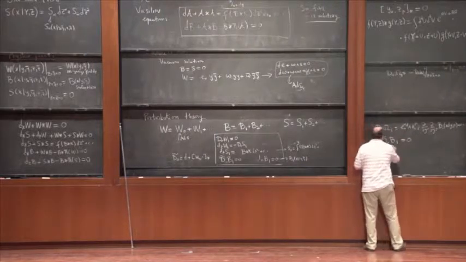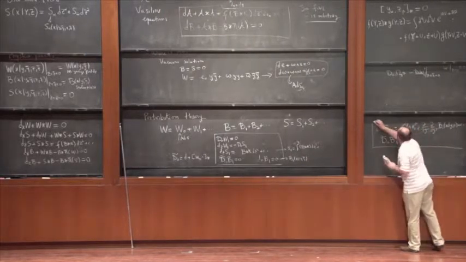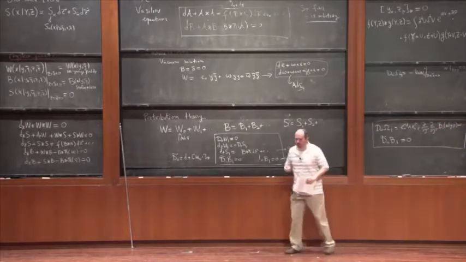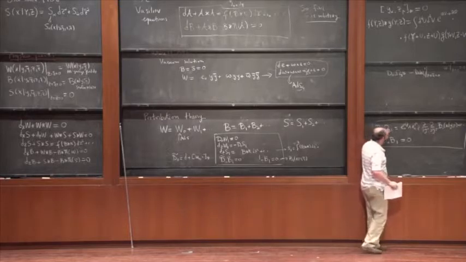This is what you get from those equations at the end of the day for the physical fields projected into z equals 0, which are omega 1 and B1.